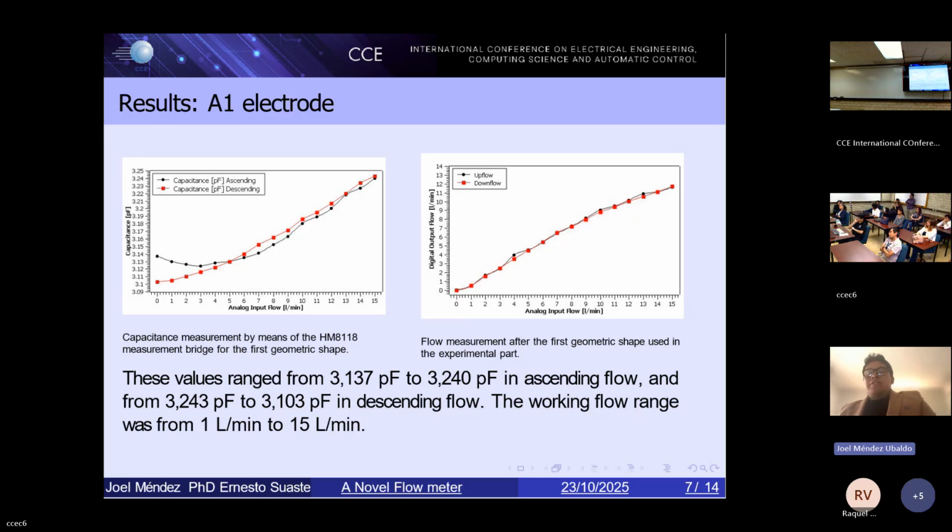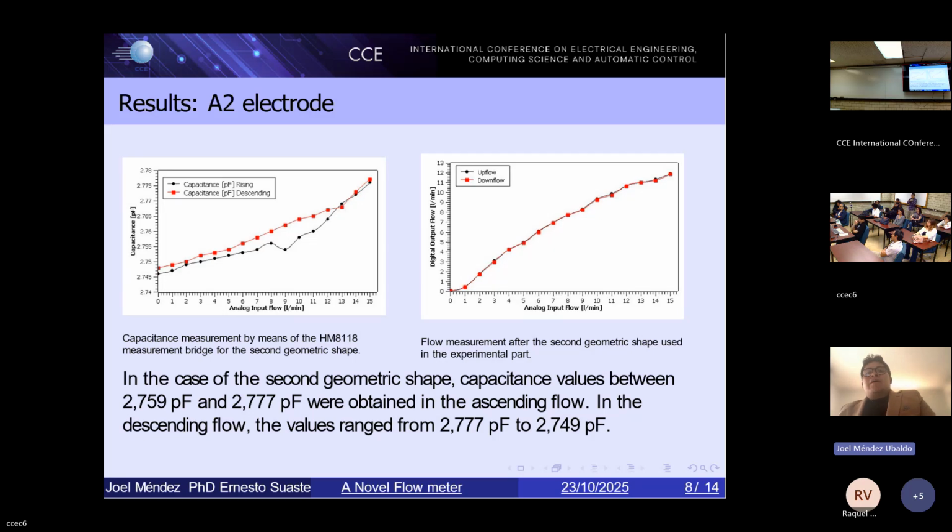The same idea: the airflow entry must be equal to the airflow leaving. These values range from these values in picofarads in ascending flow, and from these values in picofarads in descending flow. The working flow range was from 1 liter per minute to 15 liters per minute. The next, please.